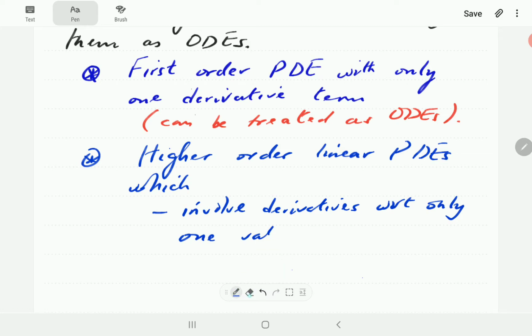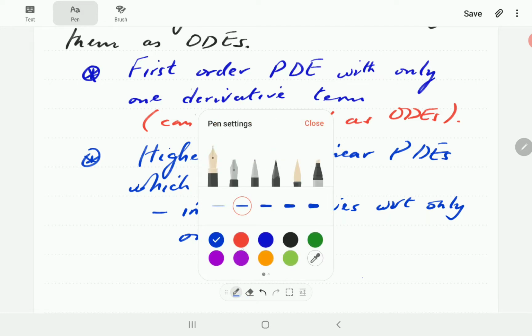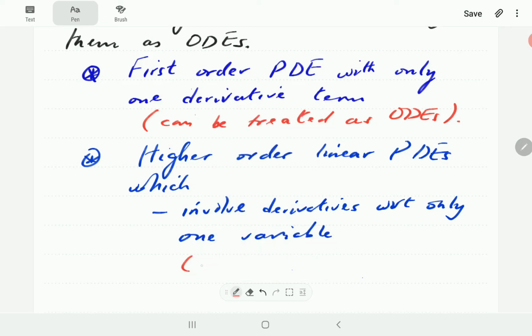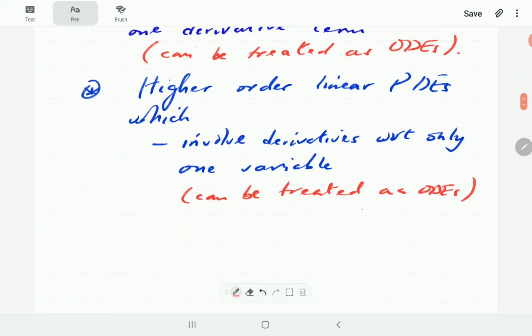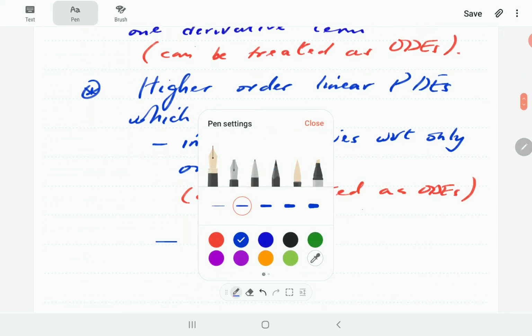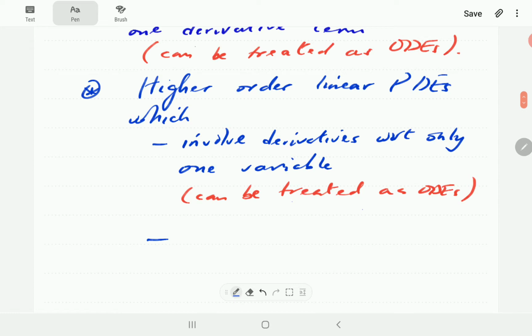These ones can be integrated directly again by treating them as ODEs.